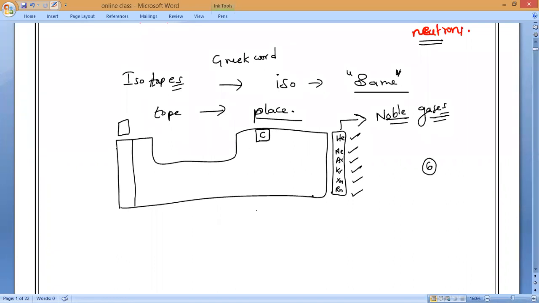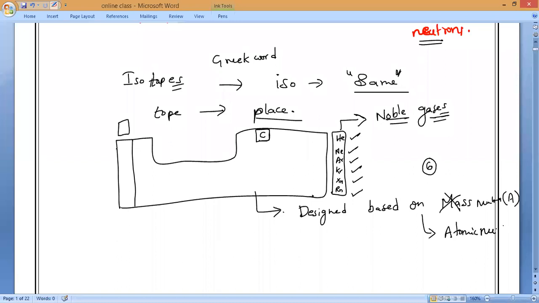But remember, this periodic table is designed based on what? Atomic number or mass number? Atomic number, not mass number. All of you remember, it is designed purely based on atomic number.